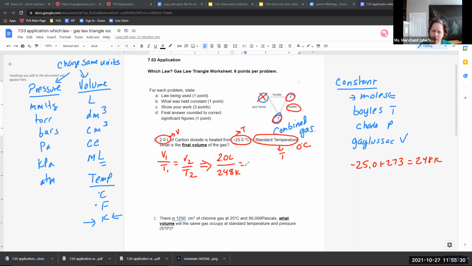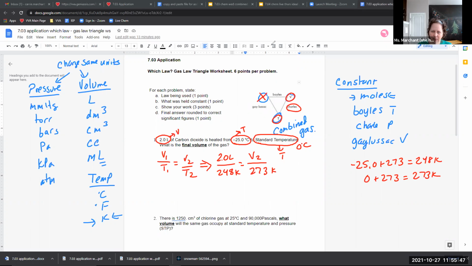And make sure you put the units there to make sure you are comparing apples to apples. What is the final volume or the second volume? So that's V2 at standard temperature. 0 degrees plus 273 gives me 273 Kelvin.